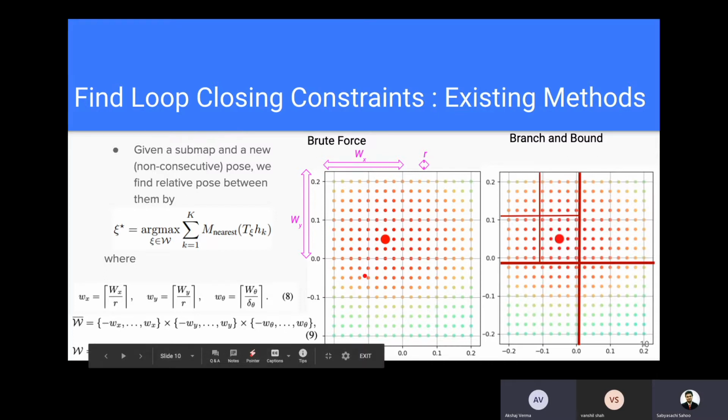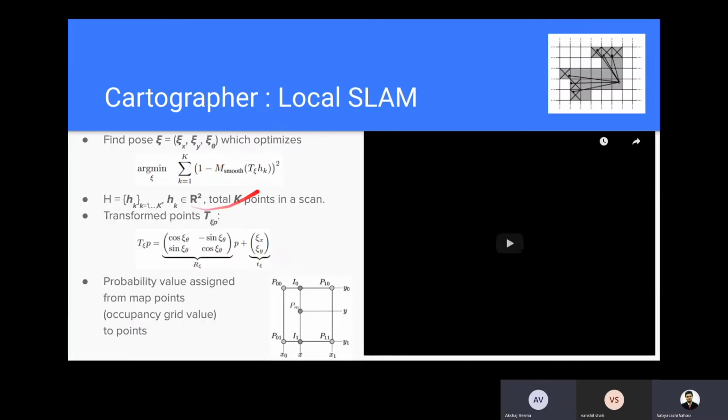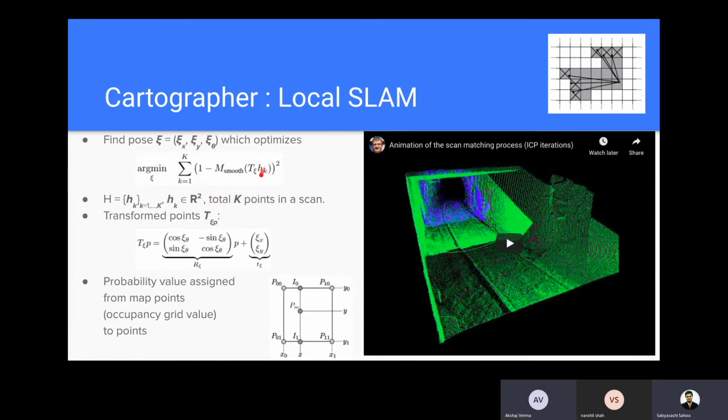So essentially, you can think of this as your machine learning system, and you can think of these epsilon x, y, theta as hyperparameters in your machine learning system. What you would like to do is find a tuple of hyperparameter values which brings the least loss value.